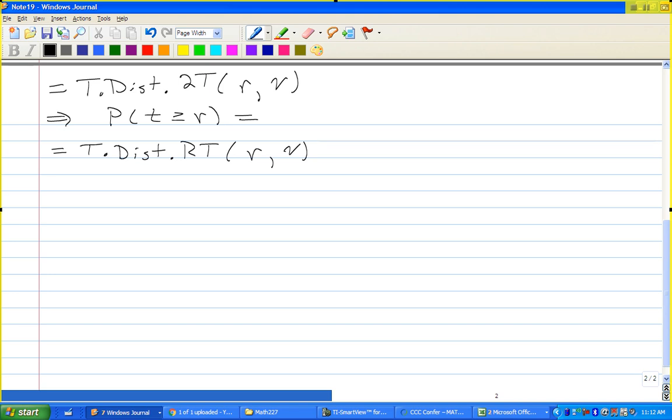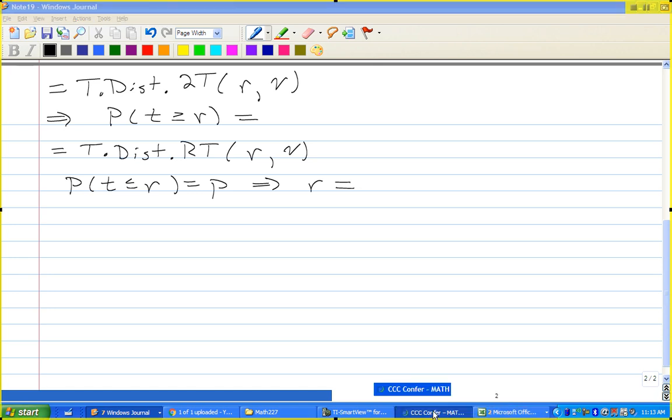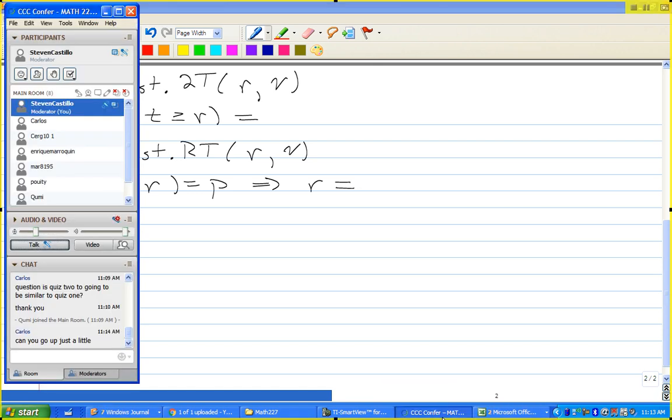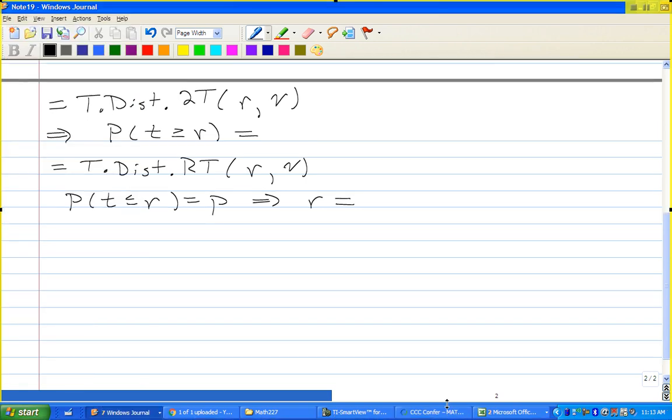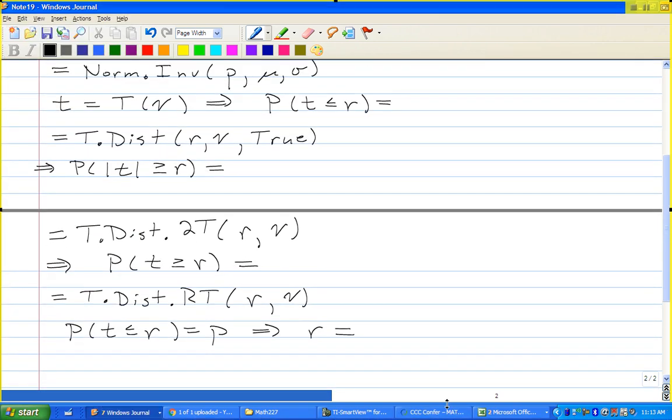If you wanted to find r given some value p, then you would use the inverse. Okay, there you go.